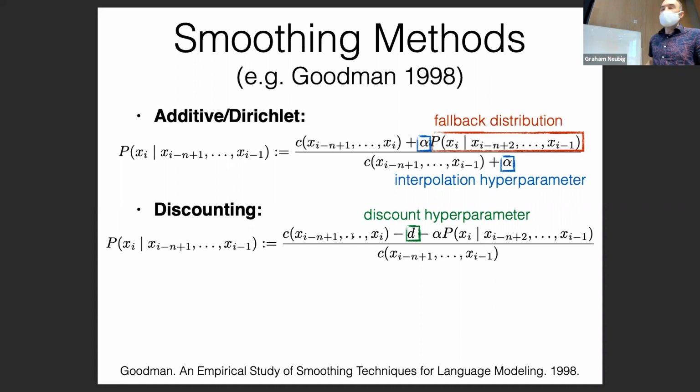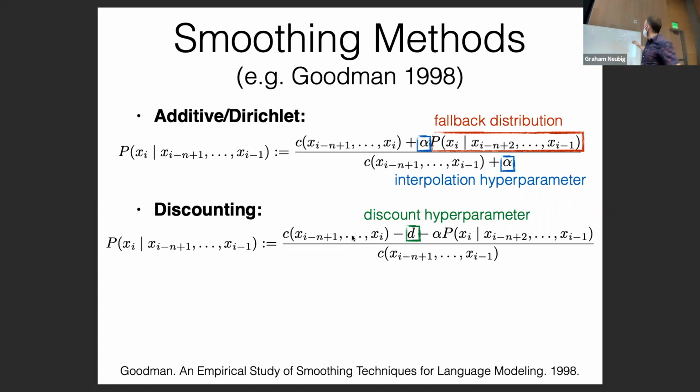If we had the 2 examples, "this is an example" and "this is an apple", and "this is an example" had a count of 2, and "this is an apple" had a count of 1, we would subtract the discount, let's say it's 0.5, from each of these.